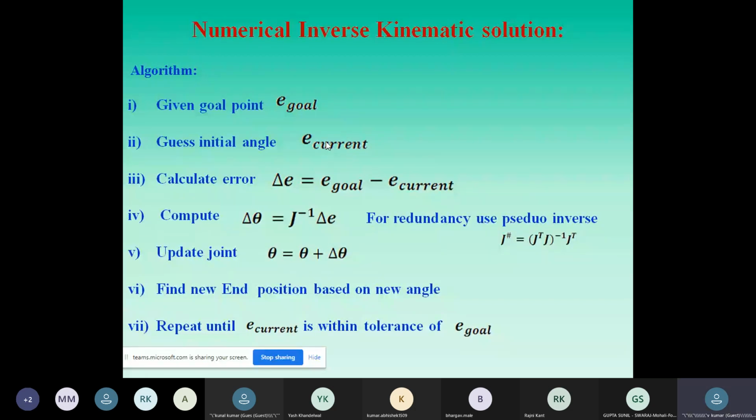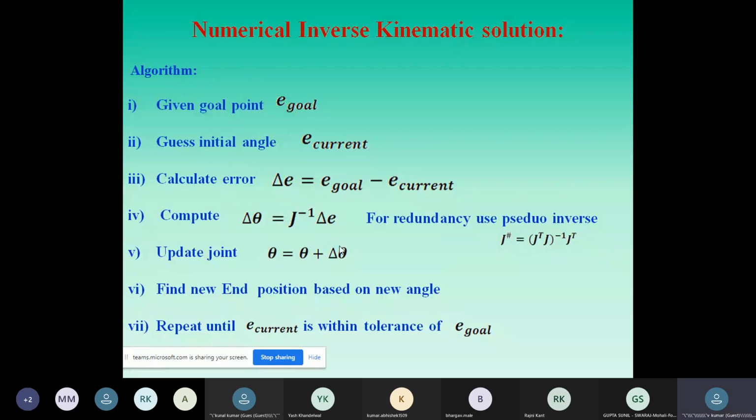Then update it and increase theta again by del theta. We know del theta and current theta, so the next theta will be the previous theta plus del theta. In this way, find the new position based on the new angle.